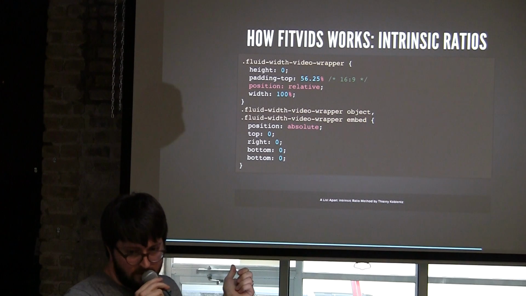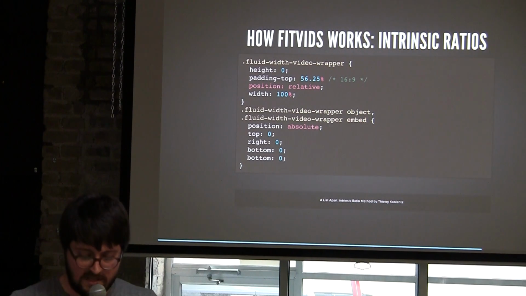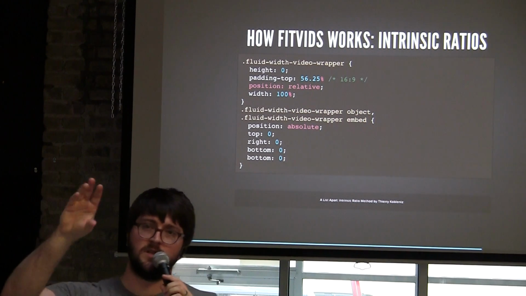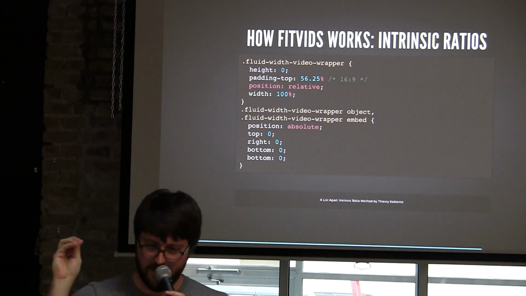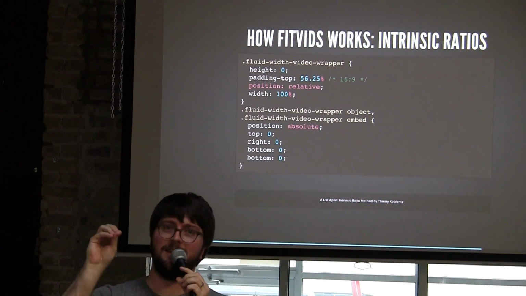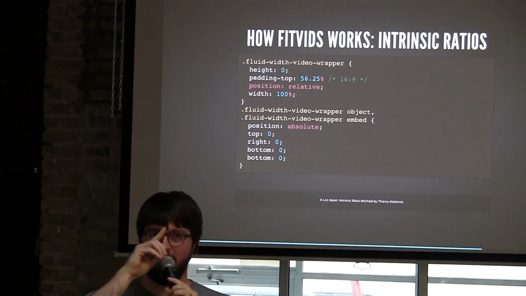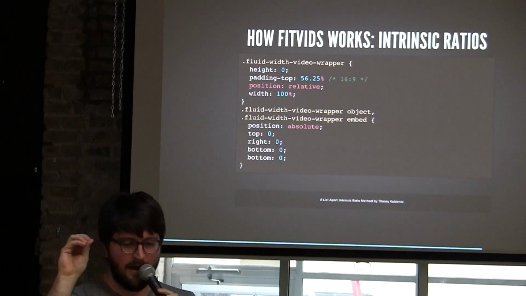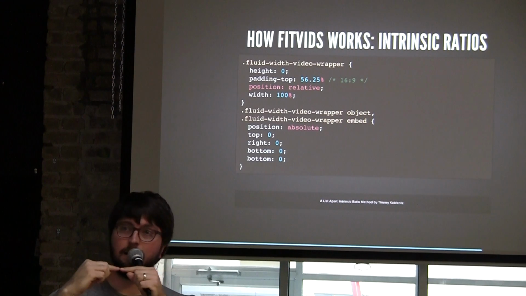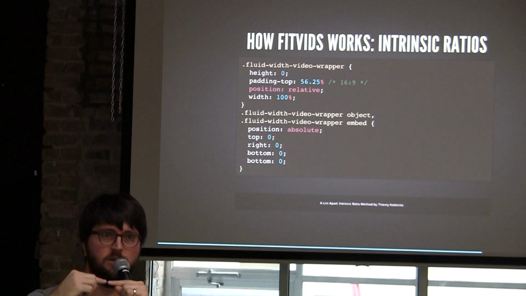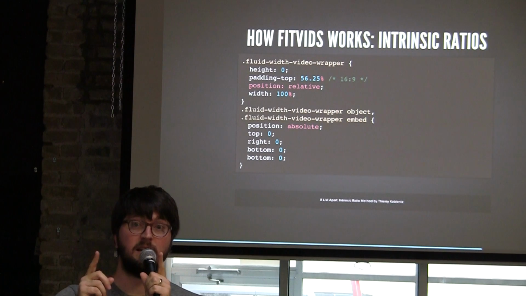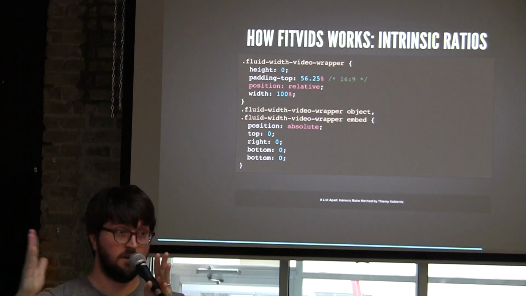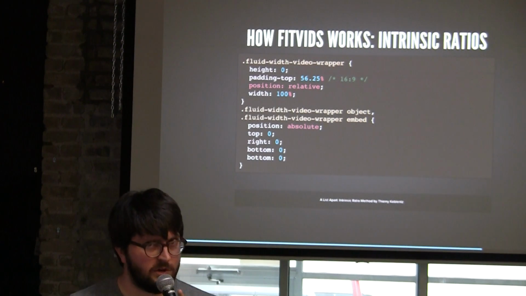The first thing it does is set the height of that wrapper to 0. So you're like, wait, if it's 0, nothing will show up. And you're exactly right. So what you do is add padding to the top. And this percentage-based padding is based on the width of the containing element. A little weird, all right?